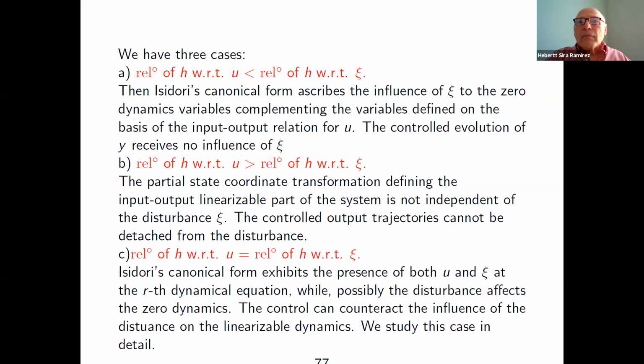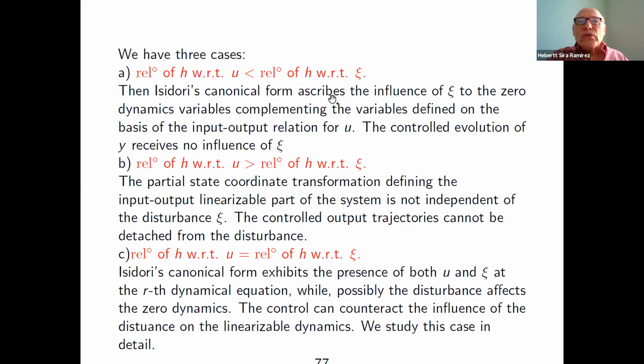And therefore, the state coordinate transformation that we need to exhibit the linearization between input and output is clouded by the presence of the disturbance, and the presence of the disturbance demands the knowledge of it in order to define the transformation. So this case is not viable.